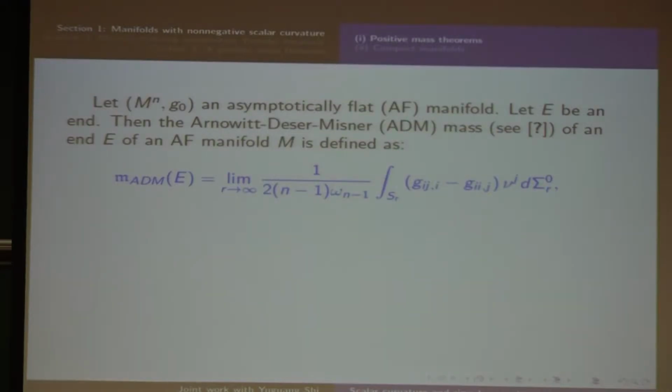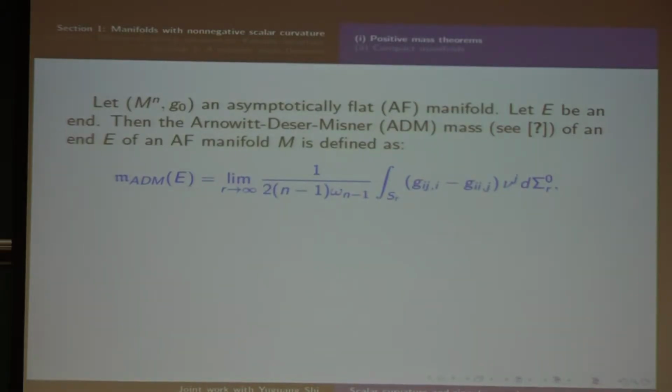Probably it should be called the energy, because we are thinking about a so-called space-like surface in a space-time, which is time symmetric. That means the second fundamental form is 0. Usually we can talk about the energy and the linear momentum, but if the second fundamental form is 0, then we have only the energy.